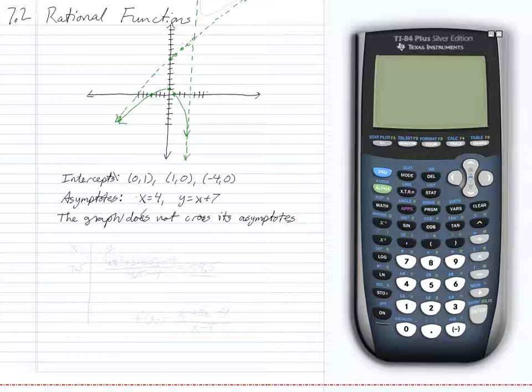Now, to know what's happening in the rest of the graph, we'll need to plot some points. So if I plug in an x value beyond x equals 4, beyond my vertical asymptote, I'll see what y value we end up with. So if x equals, say, 4.5, I'll choose a very small step, so we're just a little bit beyond 4.